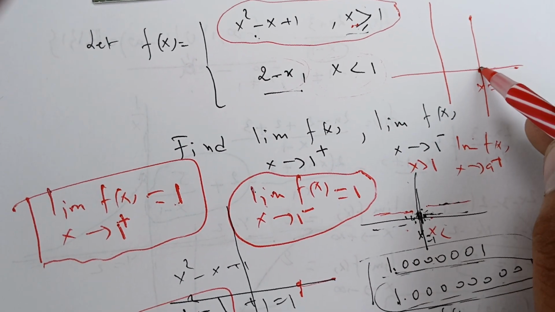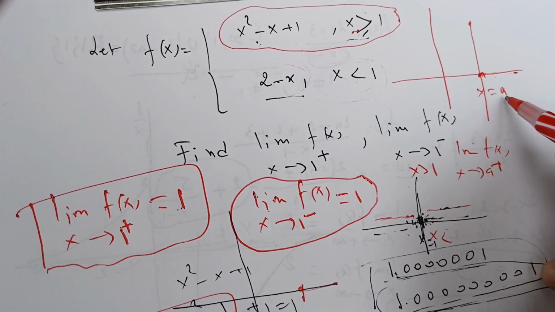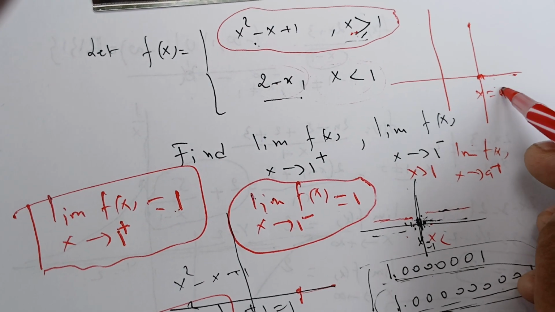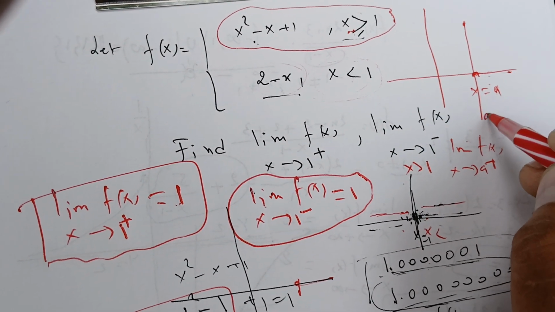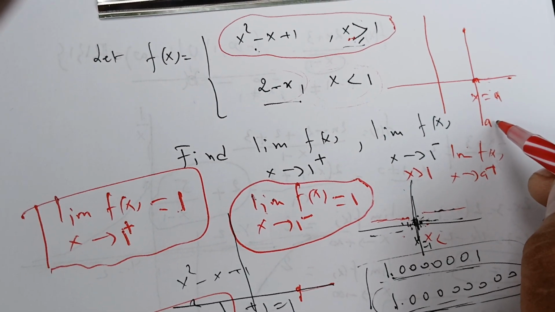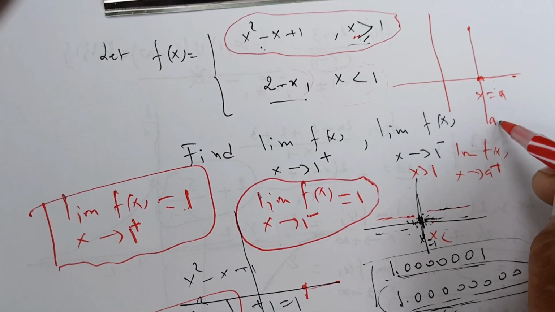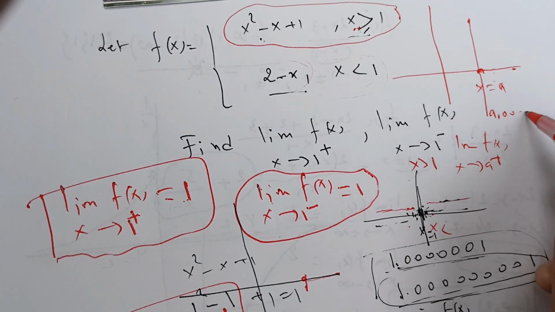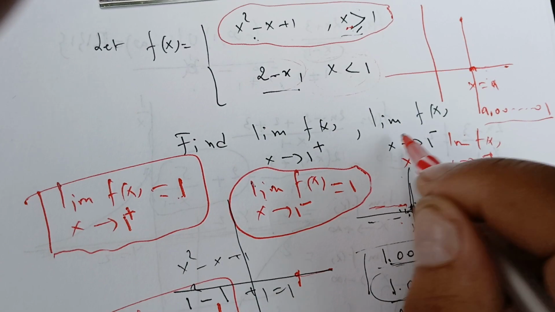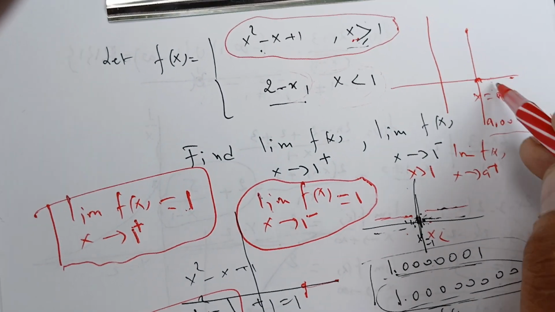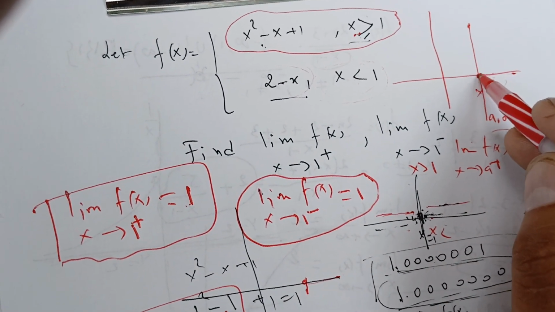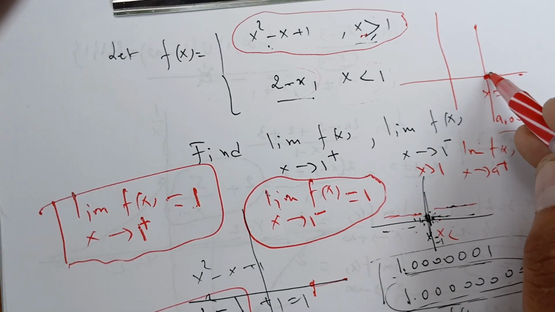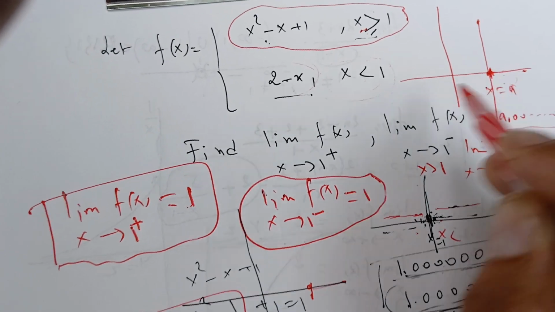That means values that are slightly bigger than a, like a plus 0.00001. So it's still close to a. It's not equal to a, but it's very, very close to a.